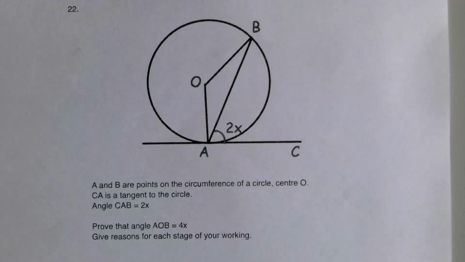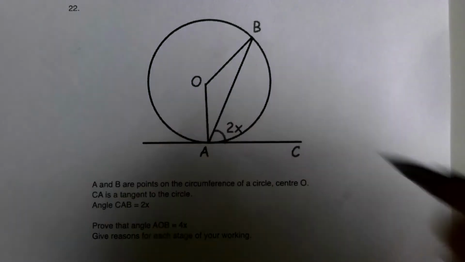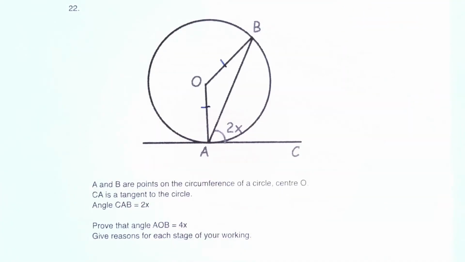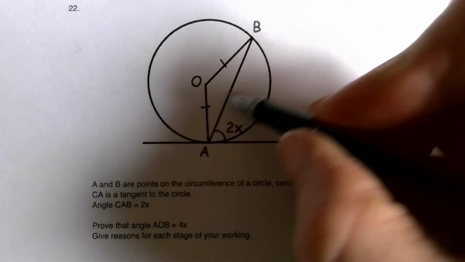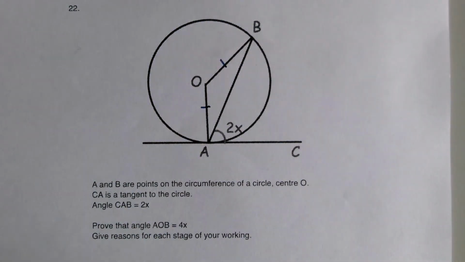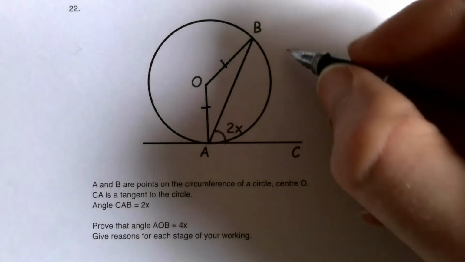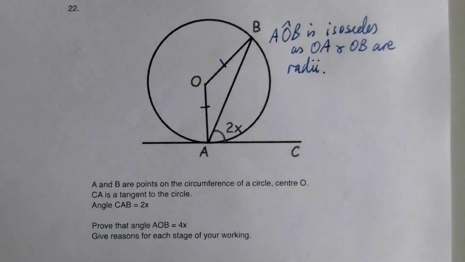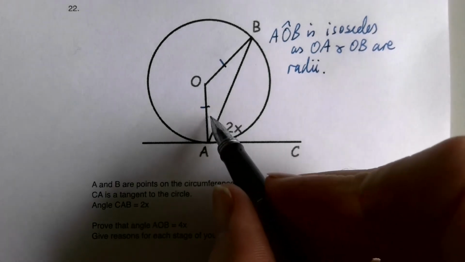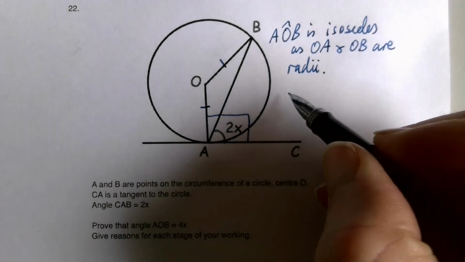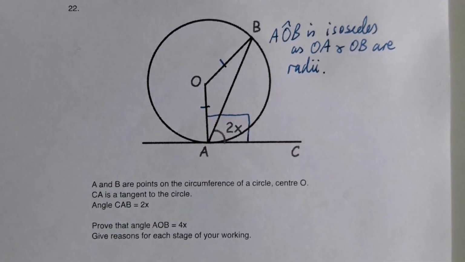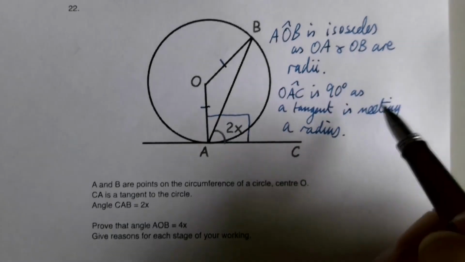Which leaves us about a minute to have a go at proving this. So pause the video, give it a go, and I'm going to go super quick. This is an isosceles triangle, so you can say AOB is an isosceles triangle. Then we can say that that angle there is a right angle for that reason there.